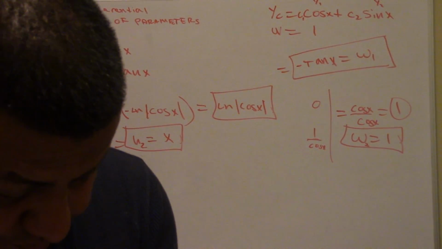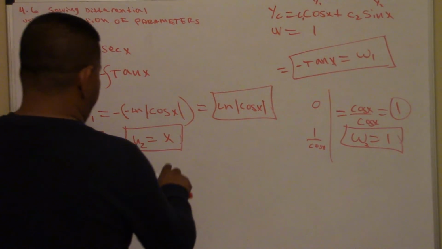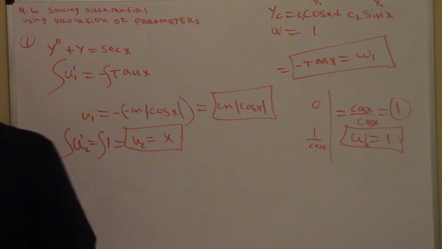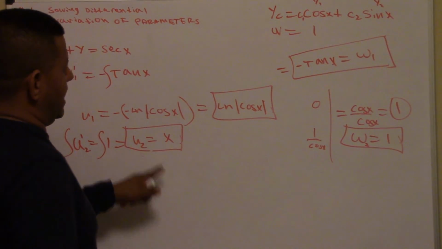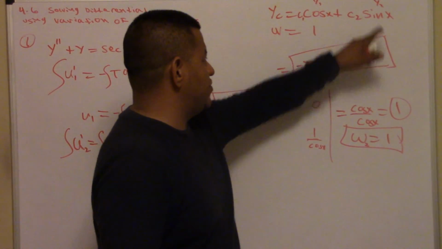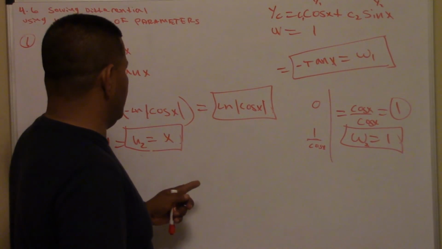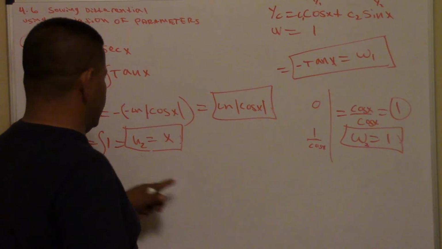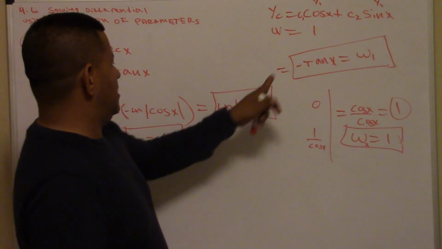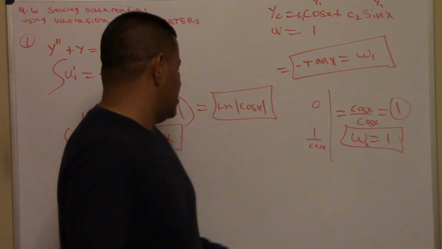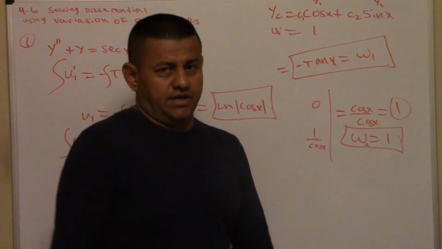The final answer is going to be as follows. Okay? I'm going to multiply U1 times Y1, and I'm going to multiply U2 times Y2, right?